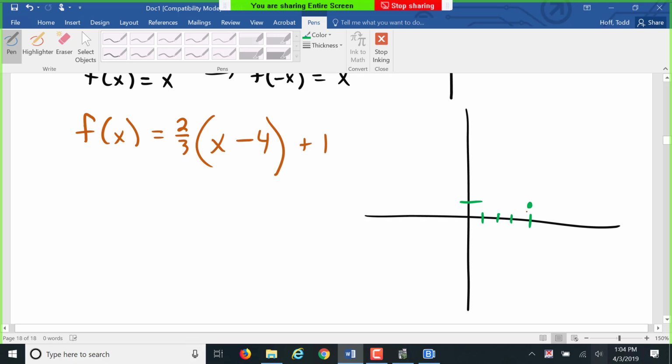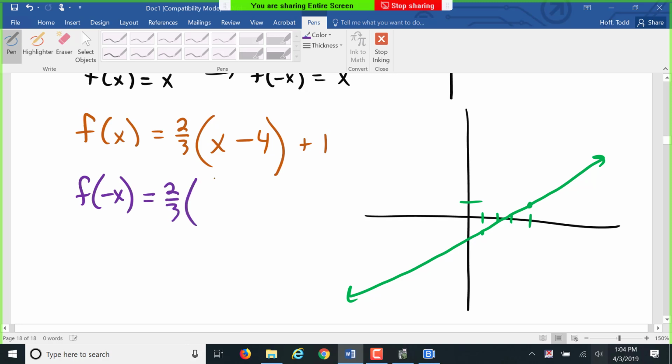Right there. And it has a slope of 2/3. So it looks something like this. F of negative x would look like this. Replace x with negative x.